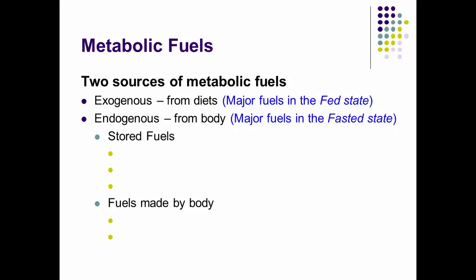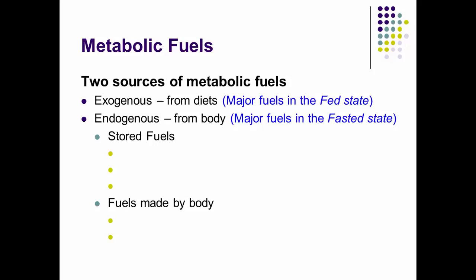And then the 2 sources of metabolic fuels. So metabolic fuels can be categorized as exogenous and endogenous. Exogenous means the energy fuels that we can obtain from the diet, right? So this will be the major metabolic fuels in the fed condition.